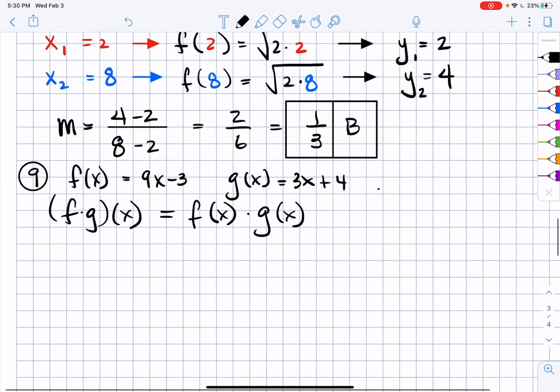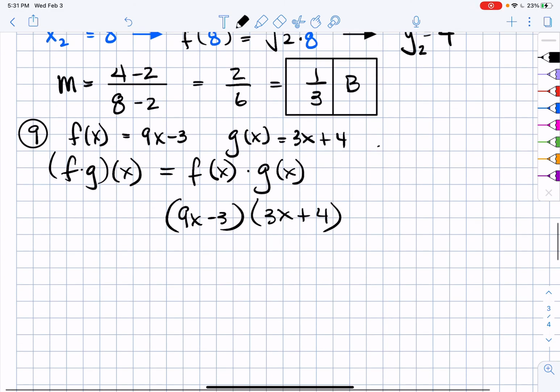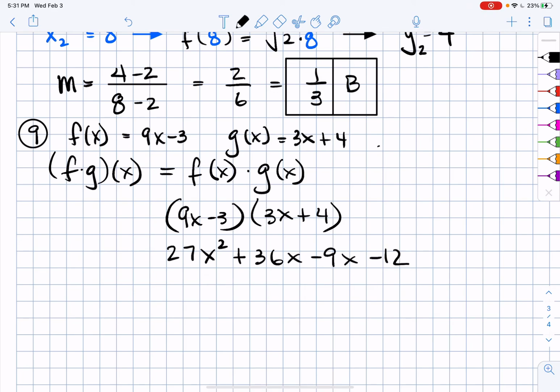Okay, so let's replace it. F of x is 9x minus 3. G of x is 3x plus 4. So it's just telling me to multiply these two binomials, which means I have to FOIL. So I have 27x squared plus 36x minus 9x minus 12.